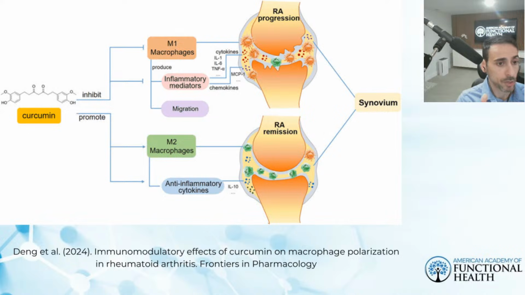And here they also talked about the M1 phenotype or M1 macrophages, which drive cytokine release and joint damage. And curcumin can also stimulate the tissue-repairing M2 phenotype, the M2 macrophages.